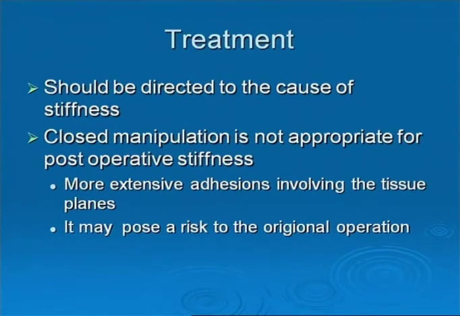Treatment should be directed to the cause. Closed manipulation is not appropriate for postoperative stiffness, because there might be more extensive adhesions involving different planes of the tissues, and it may pose a risk to the original operation which was done before.